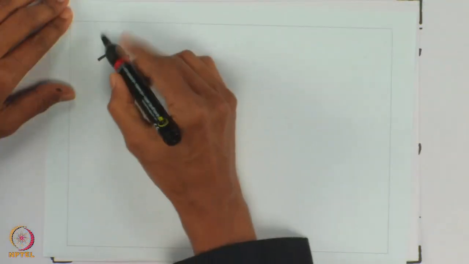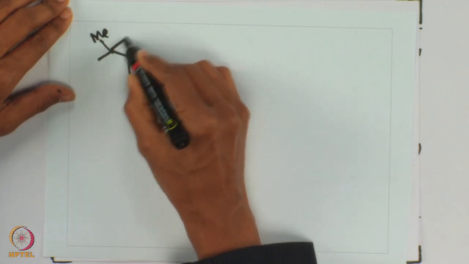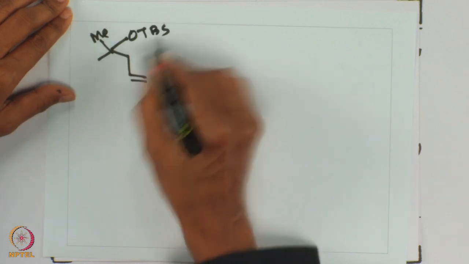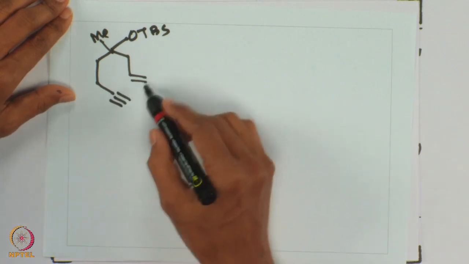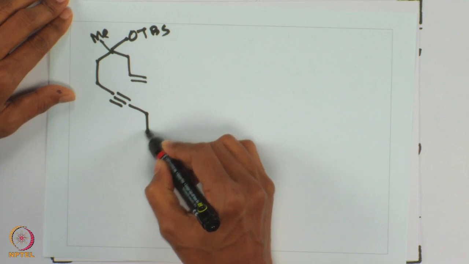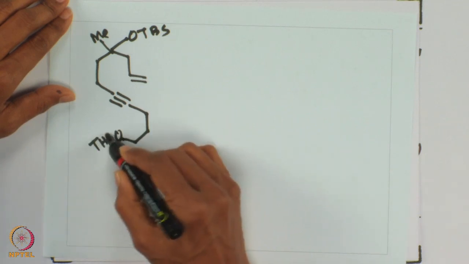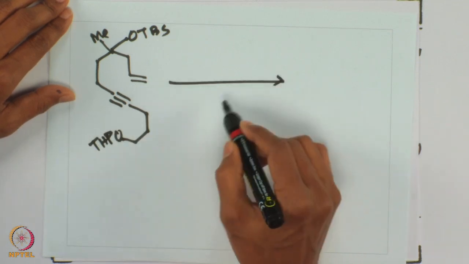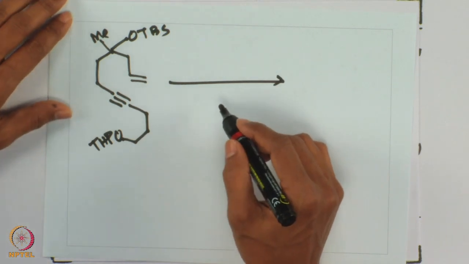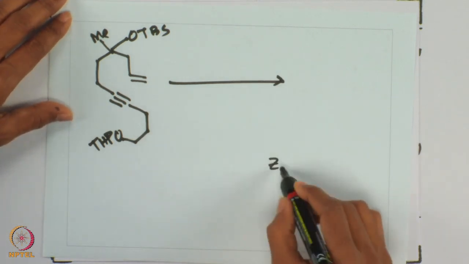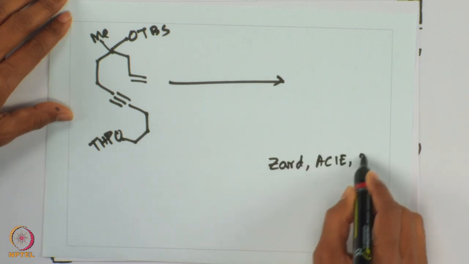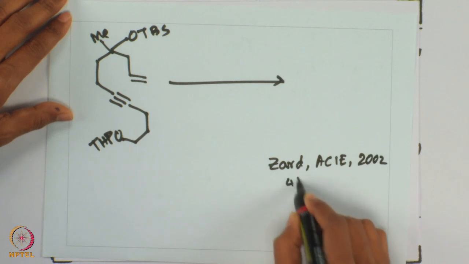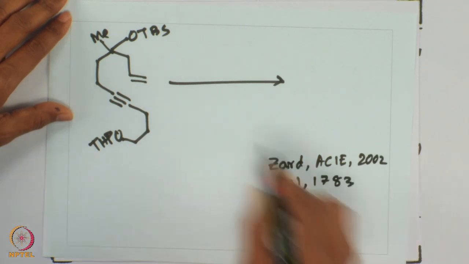Okay, now, the example we have in hand is the one where it is substituted very efficiently. Once again, a terminal olefin and an internal alkyne are participating. This is a report by Jared in Angewandte 2002, 41, 1783.